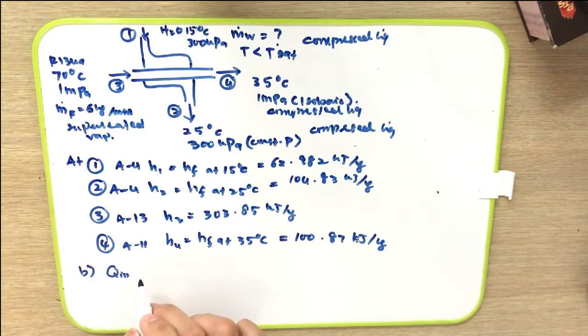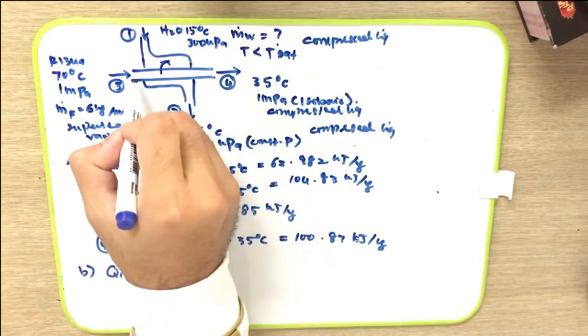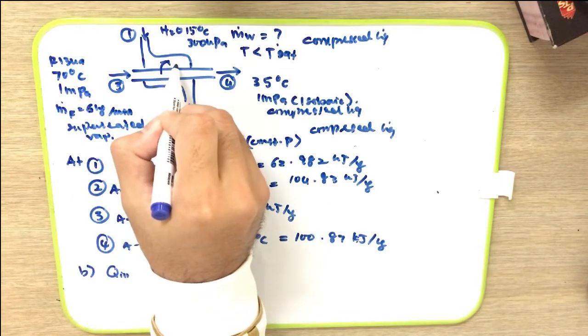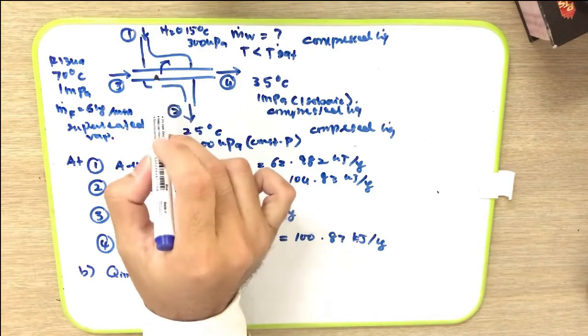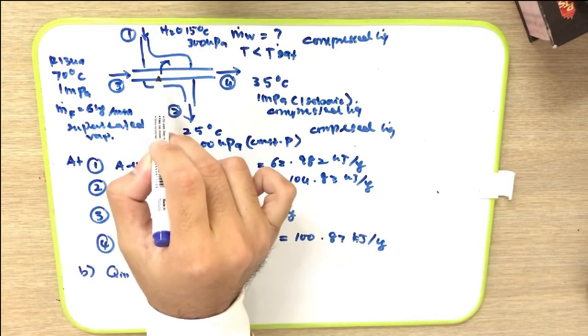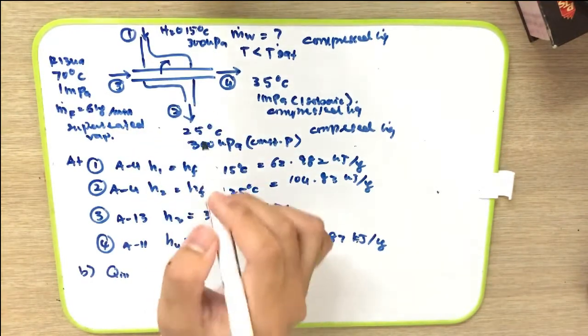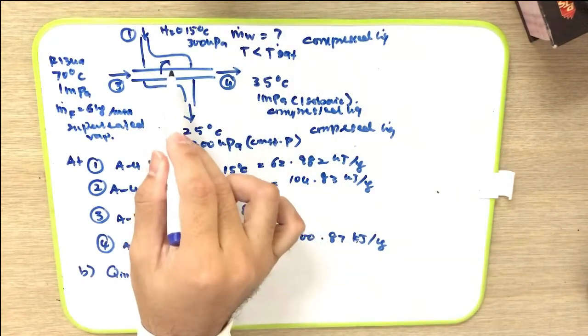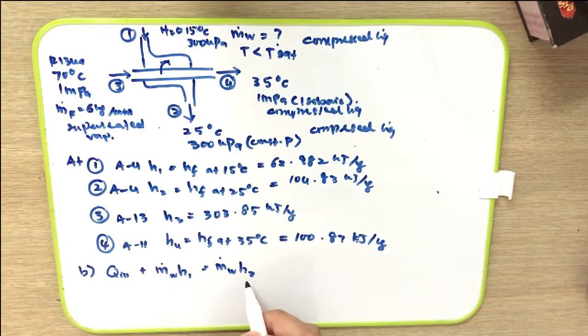For question B, we need to find the heat transfer rate from the refrigerant to the water. So it means that we need to find the Q that is coming out from the refrigerant into the water. By considering the water stream, the Q transferred from the refrigerant is the Q in into the water stream. After we consider the energy balance at the water stream, we will get Q in plus mH1 is equal to mH2.